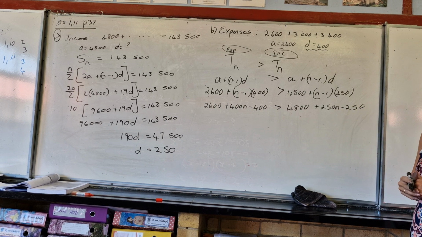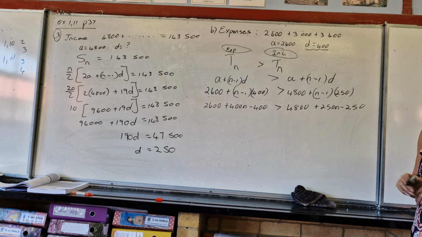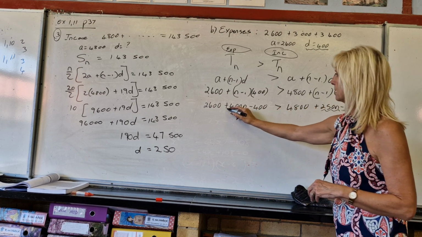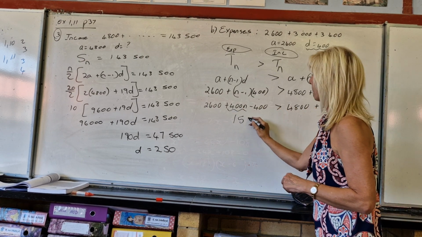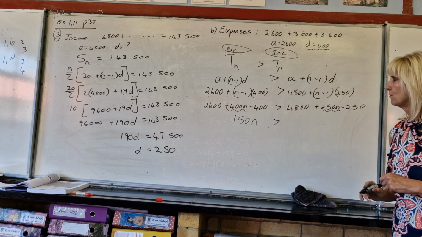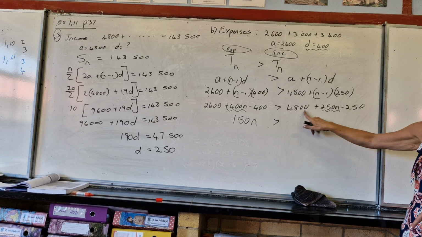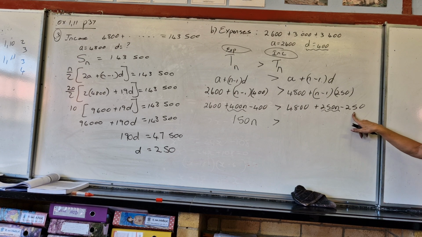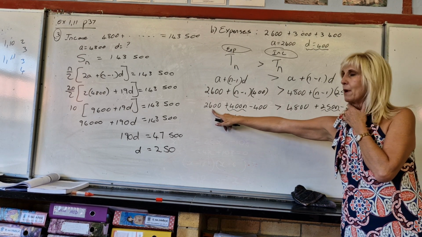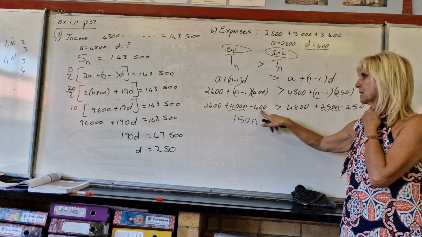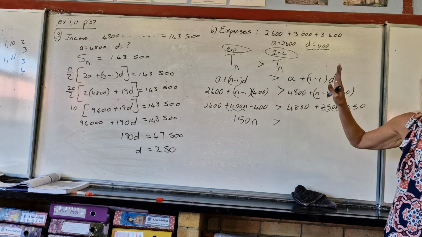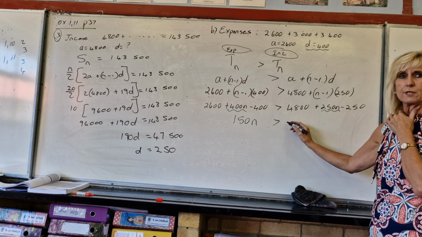Let's get them all together. It's linear, right? So let's take this one to that side. We're going to have 400N minus 250N, and on the other side 4,800 minus 250 minus 2,600 plus 400. Please, can you help me with an answer?